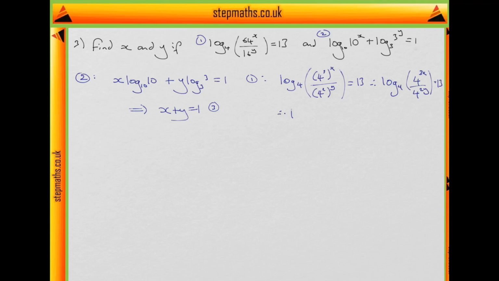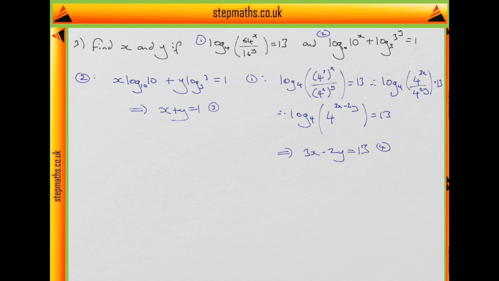And therefore, log base 4 of 4 to the 3x minus 2y, that's just our normal rules of indices, equals 13. Which implies if we bring down our power to the front, we get 3x minus 2y times log base 4 of 4, which is 1, and therefore 3x minus 2y is equal to 13, and we'll call that equation 4.